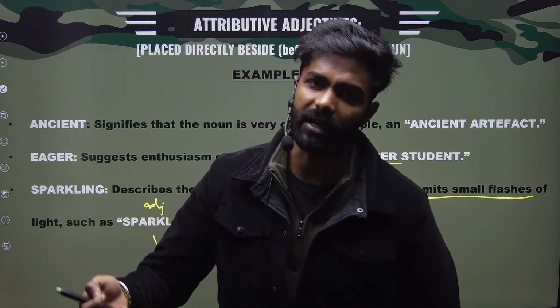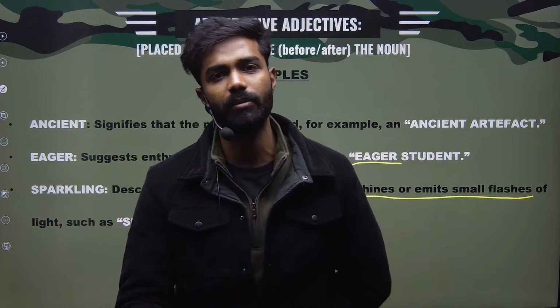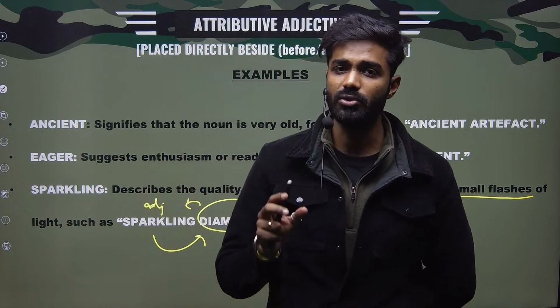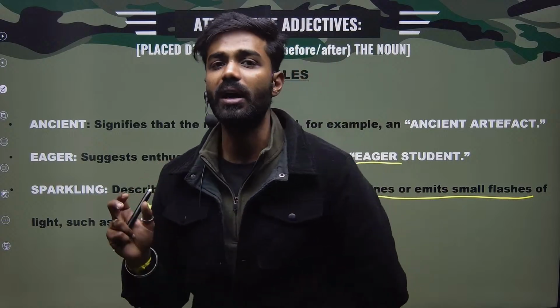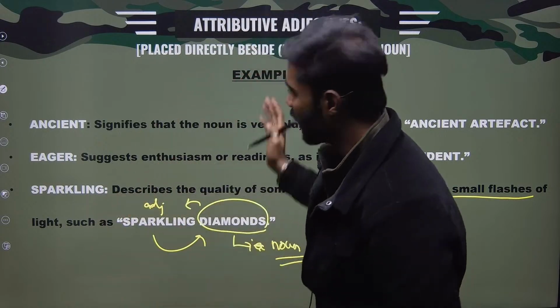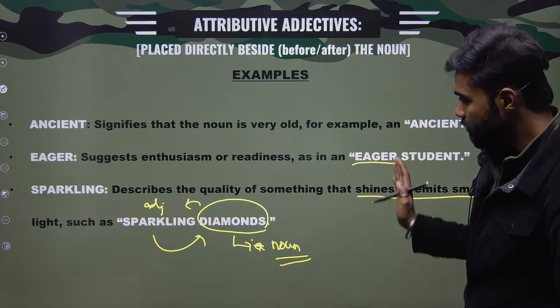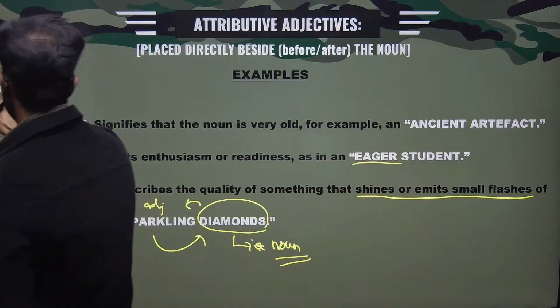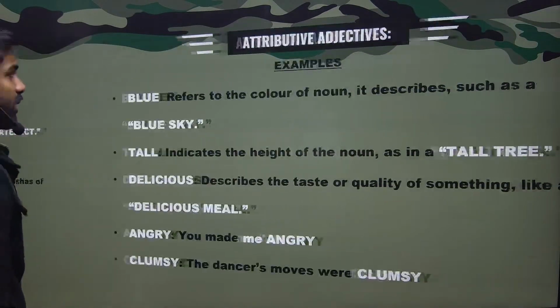All you have to know is how to identify whether it is an adjective or not. If you also know what type of adjective it is, that is a benefit for you. Right now we are focusing on what adjectives are, how to find them, and what the types of adjectives are. So these are your attributive adjectives. Is it clear? Shall we move to the next one, students?